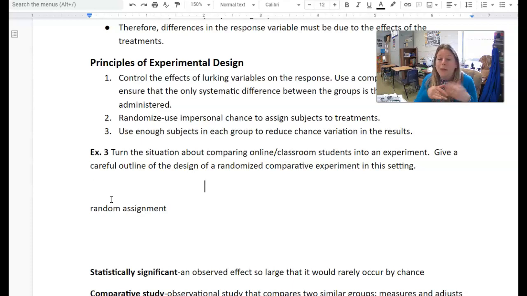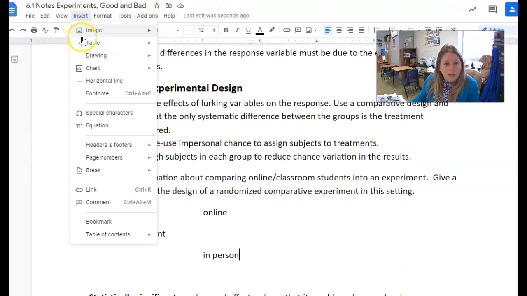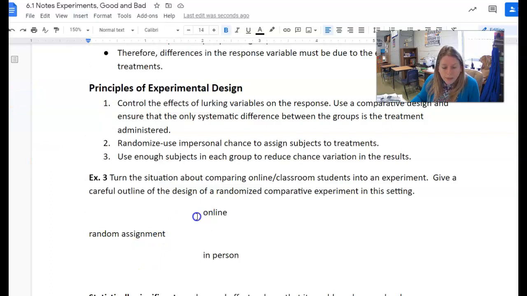Okay, we're going to randomly assign them into the two classes. This is about the online class versus the in-person class. So one group is going to do online. One group is going to do in person, and these were randomly assigned. They're supposed to be in line from random assignment to online and from random assignment to in person.